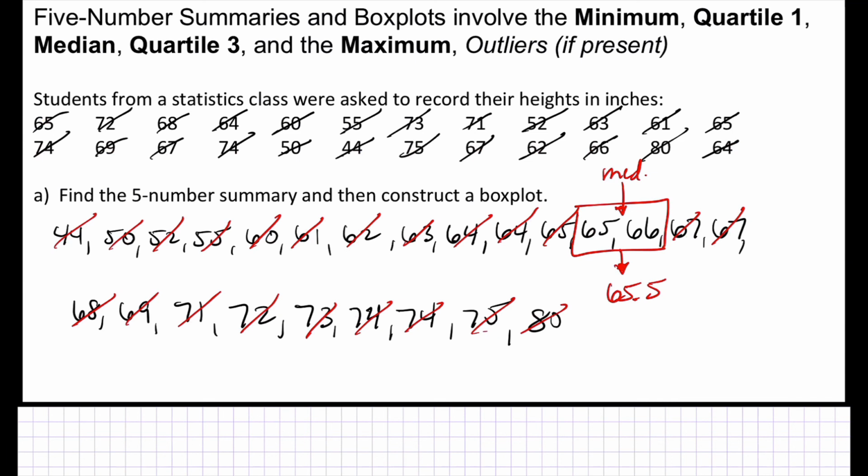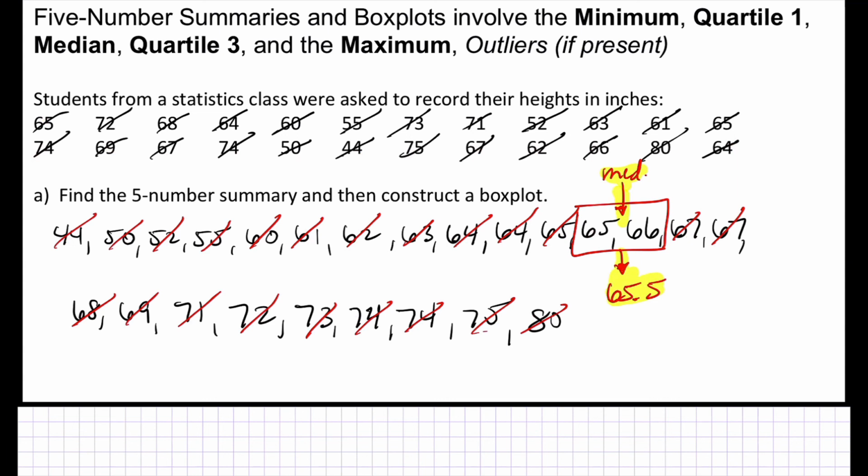Q1. Q1 is the median of every number below the median. I'm going to highlight the median. The median's not even on our list, right? It's a number we came up with because there was no number in the middle. So every number that's smaller than 65.5, we're going to do again.